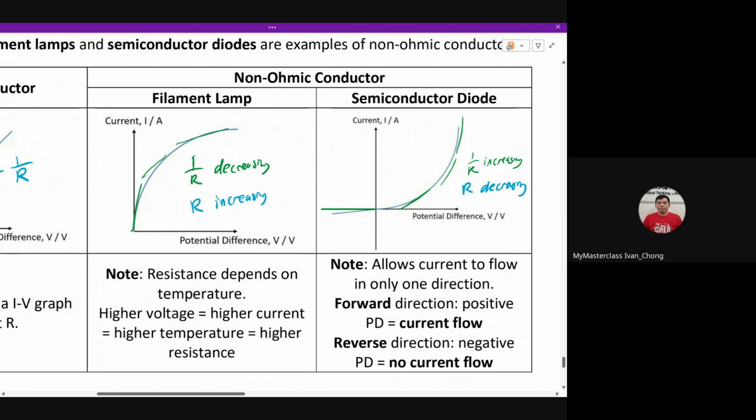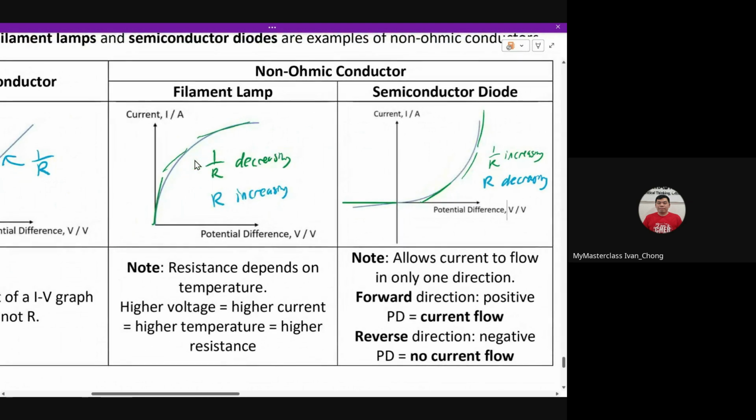Okay, now what's so special about the filament lamp? Most of your light bulbs now are actually using LED, but the older filament lamp has tungsten inside. It produces light because it is so hot, glowing red hot, that it actually produces light. So it is affected by your temperature. If you want it to be brighter, you need to have higher temperature.